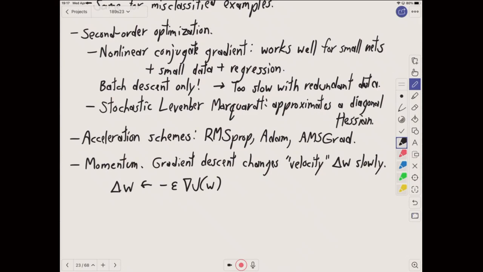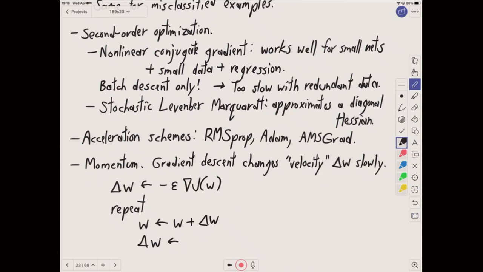You take one step where you move a displacement of delta W, and then from then on, we're going to have a loop where we continually take a step, and then after we take a step, we update the velocity which we were moving, or we update this next step that we're going to take.